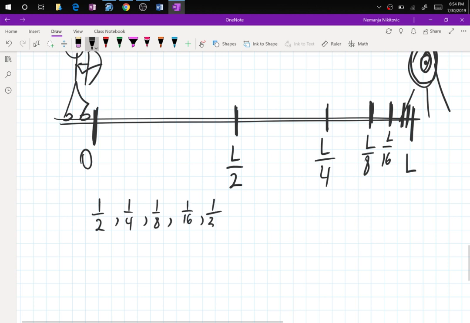This is the arrow getting closer and closer and closer. We get to write 1/2 to the n. This is our sequence.